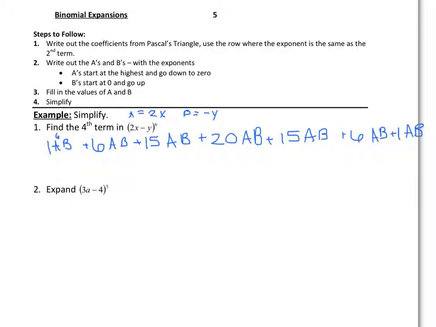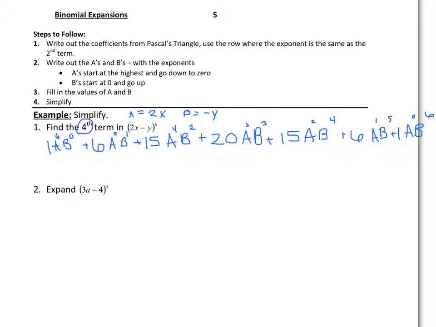So 6 and 0, 5 and 1, 4 and 2, 3 and 3, 2 and 4, 1 and 5, 0 and 6.